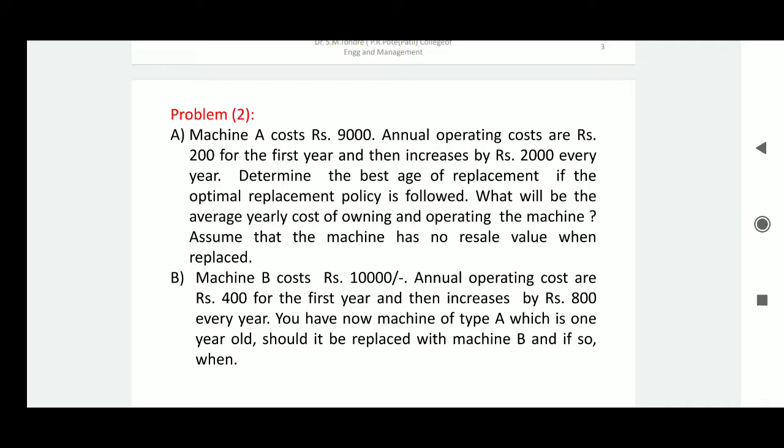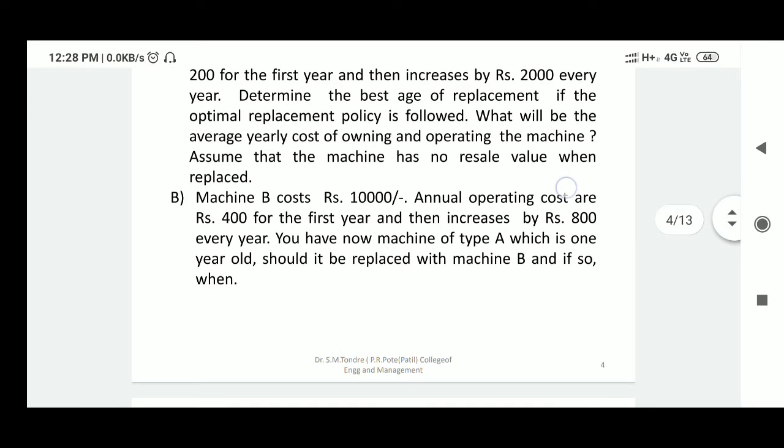In that situation, it is not profitable to run the old machinery. So the machine A has not failed but it is not profitable to run that machine, that is the condition of the obsolescence. Okay, so now let's see the problem.